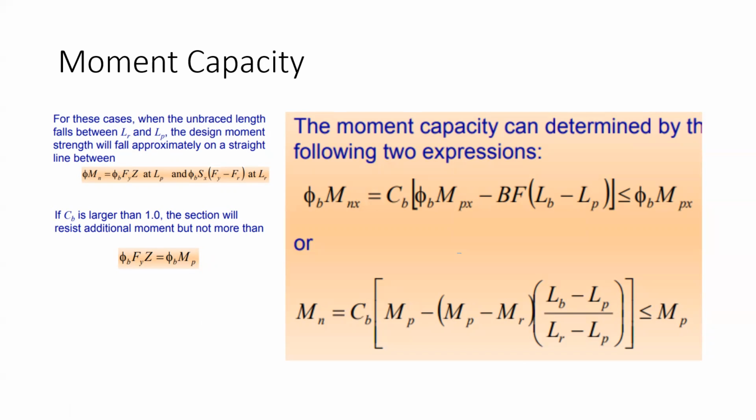Maintindihan din natin ito mamaya once we have the example. And katulad nito, the moment capacity can be determined by the following expression. So itong CB dito, yun yung masosolve natin from this equation. Itong equation na to. Ayan, itong CB na to. Okay?